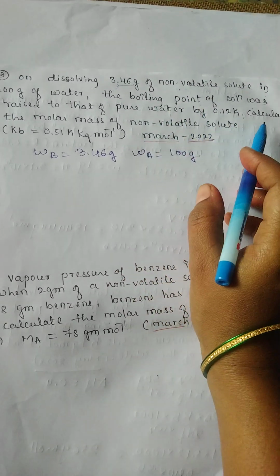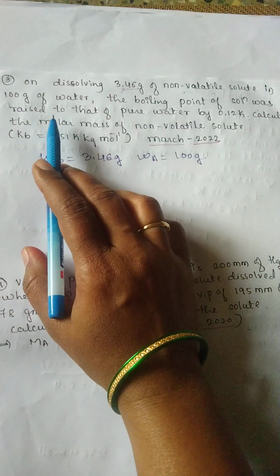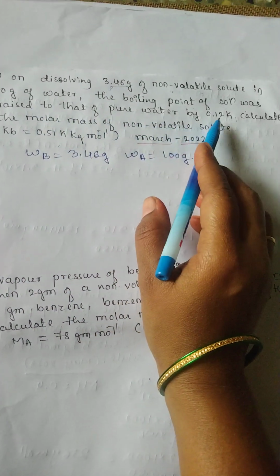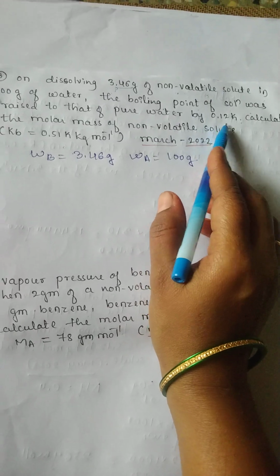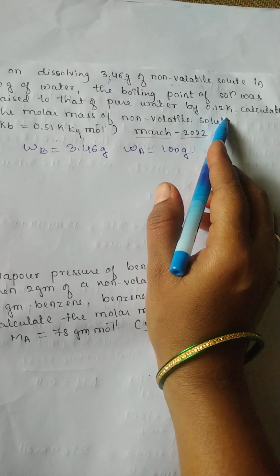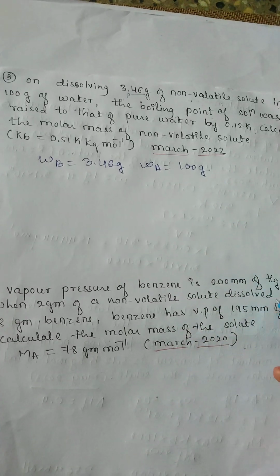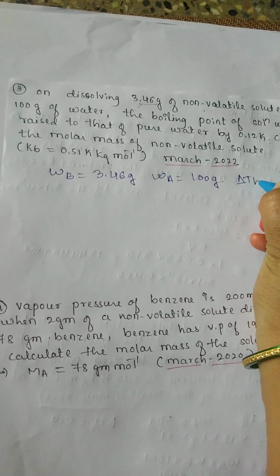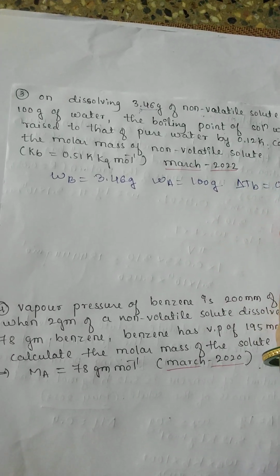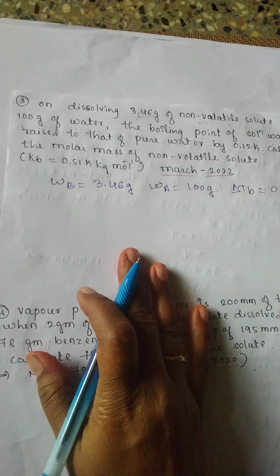Then the boiling point of the solution was raised above that of pure water by 0.12 Kelvin. So here delta TB is 0.12 Kelvin.